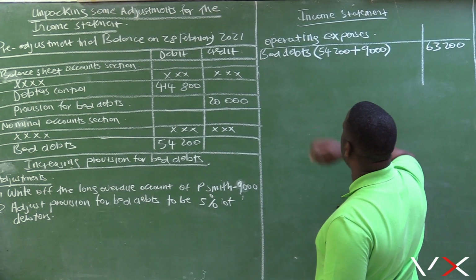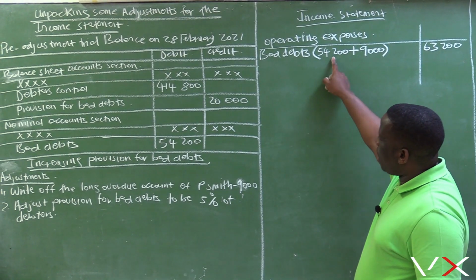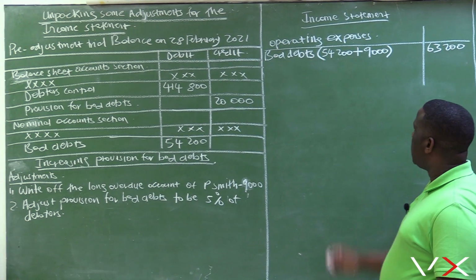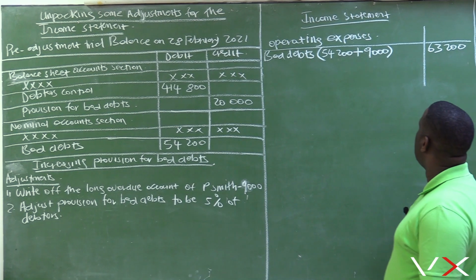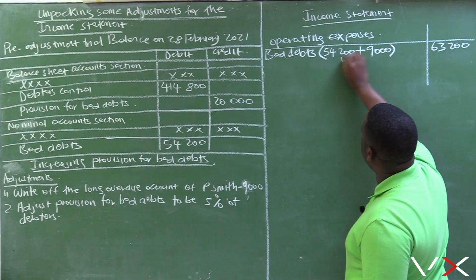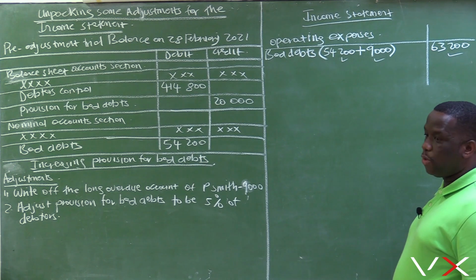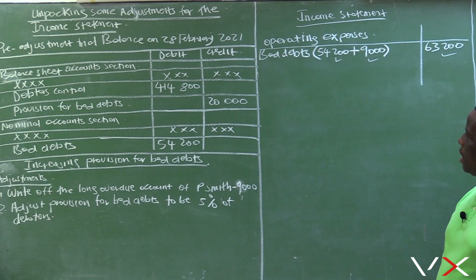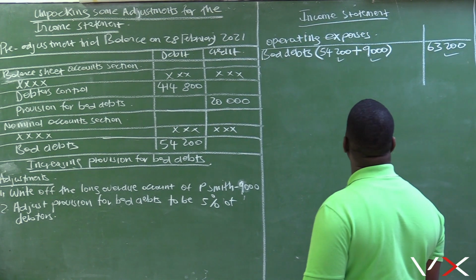This 54,200 must be shown in brackets. This 54,200 is coming straight from the pre-adjustment trial balance, and there is this adjustment of plus 9,000, because sometimes in your memos you will find that these workings will also be allocated a mark. So it's very important for a student to show the workings.